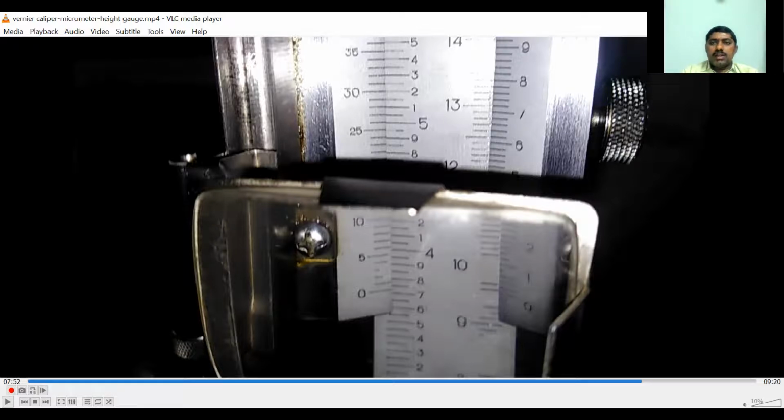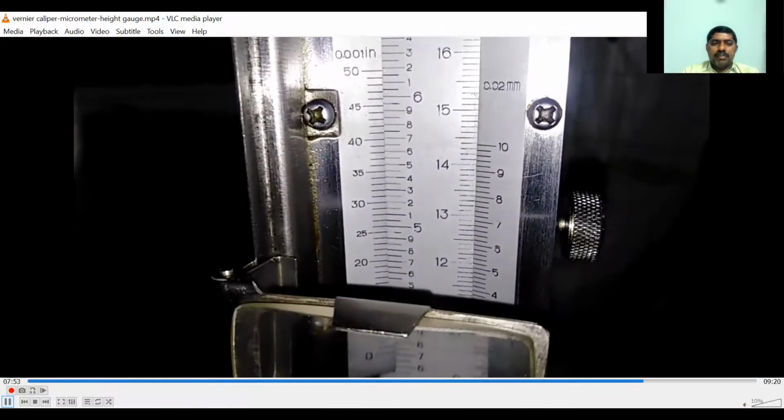This is the 7th division, so 35, and this is 36. This division is exactly coinciding with the main scale division. So I will take the 36th division on the vernier scale as the vernier coincidence. So 94 is the main scale division plus 36 into 0.02, and we will get the total reading.